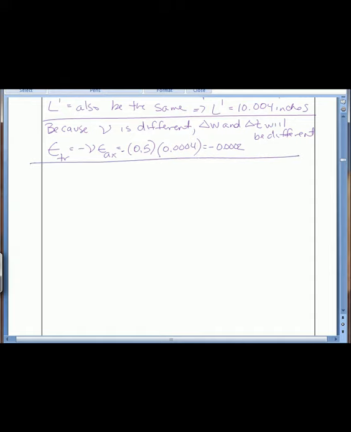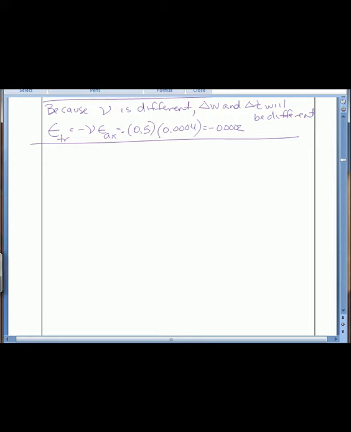Alright, we now know what our strain is going to be. We use our strain to figure out what the change in width and the change in thickness are going to be. Change in width is in the transverse direction, so that's the transverse strain times the original width. The original width in this case was 1 inch.